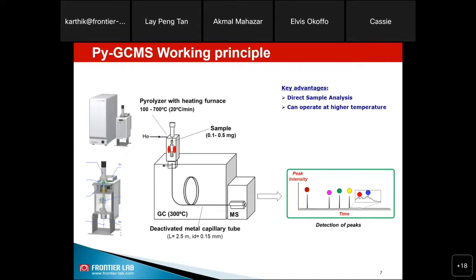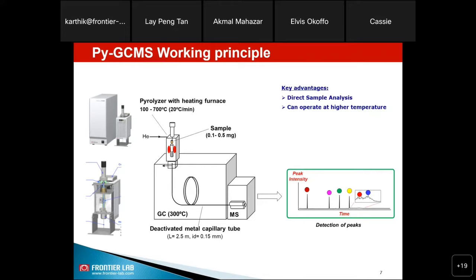But in our case, our furnace can be connected to the inlet directly. That means there are no transfer lines, so you don't lose any information or sample during the analysis. The compounds are directly introduced to the GC column. This is one of the main advantages of our equipment compared to other types of pyrolyzers.